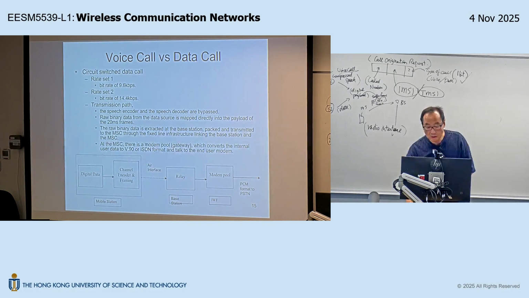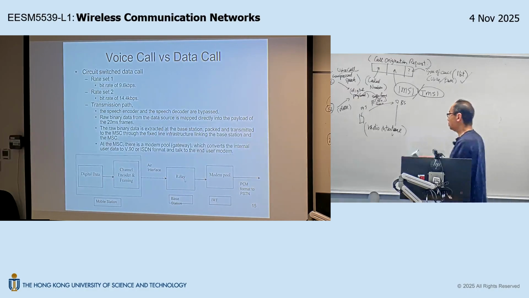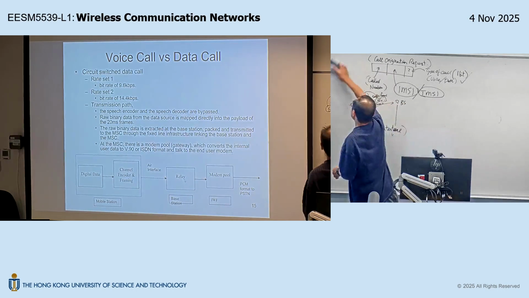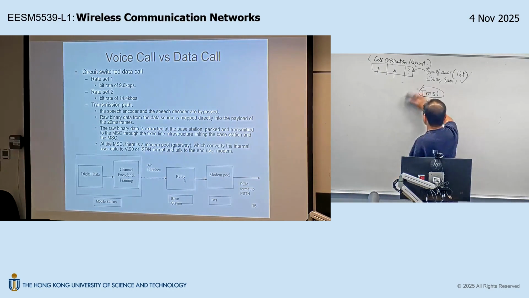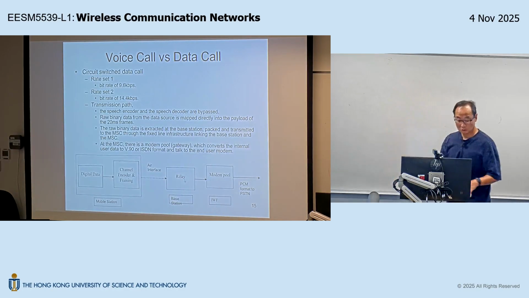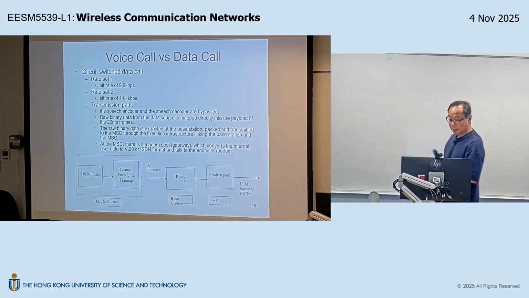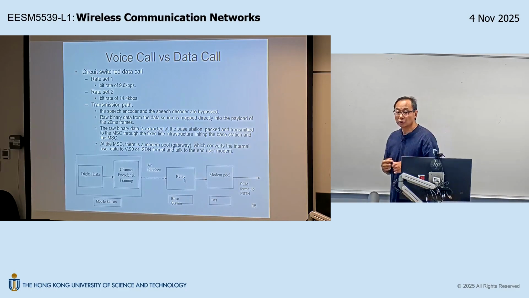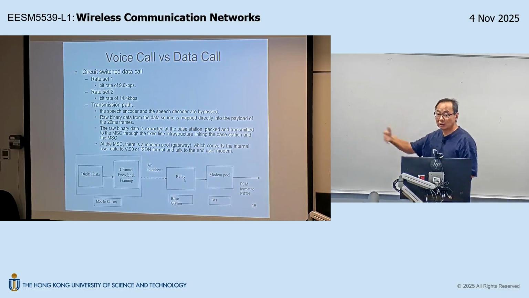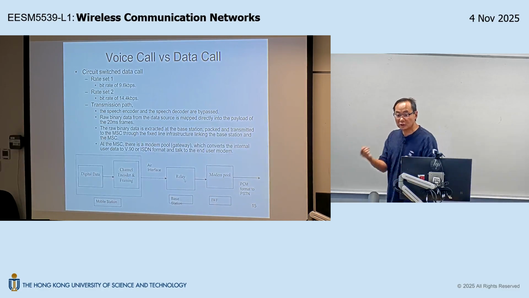Now, in order to understand the data call arrangement, let me again explain the end-to-end picture. So in those days, this is in the 90s, in the fixed line, how do you access the internet? It's not like today.